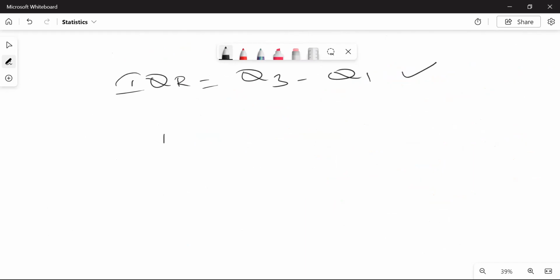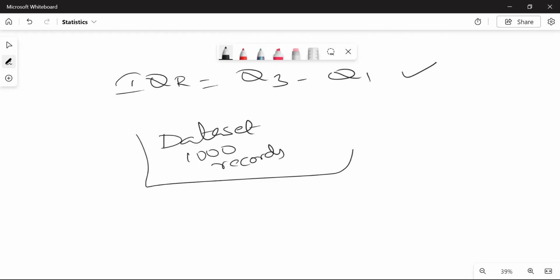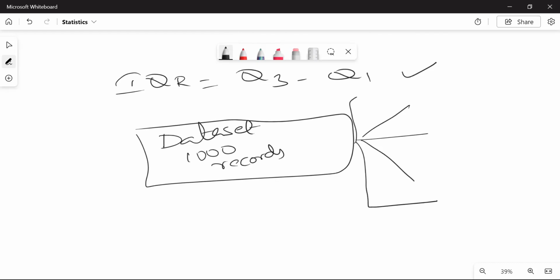Okay. Usually you have some data set, and maybe it could have thousands of observations, thousands of samples, whatever it is. This thousands of samples we have to represent in 5 elements. That concept we are calling the 5 summary data.